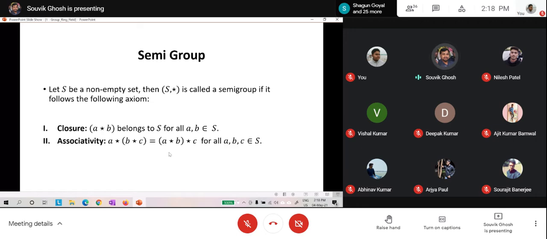If this is equal to a star (b star c), that means we operate b and c first, then operate the resultant with a. If they are equal, then we say that the groupoid is a semigroup. That means it satisfies the closure property as well as the associativity property.